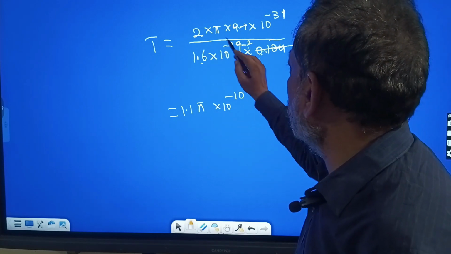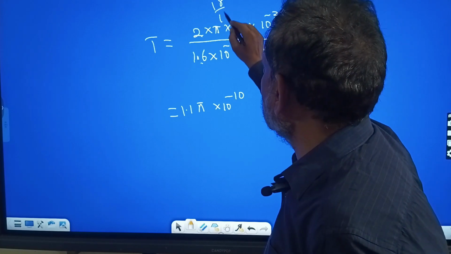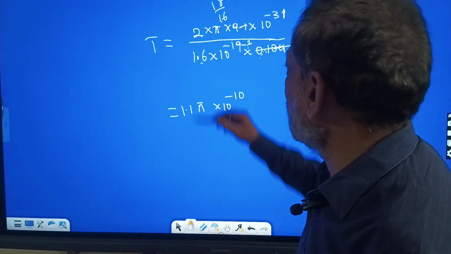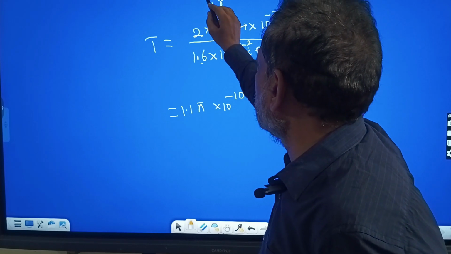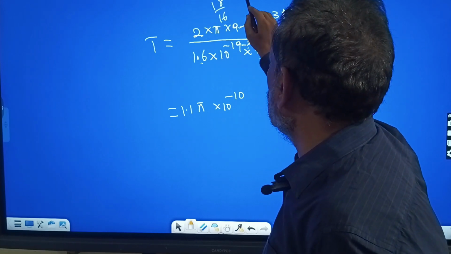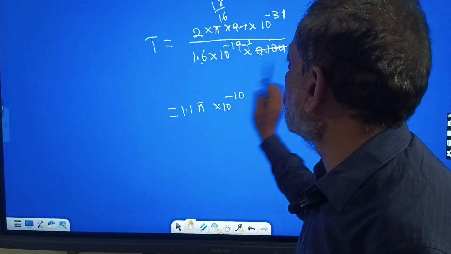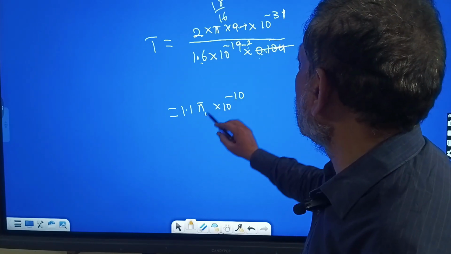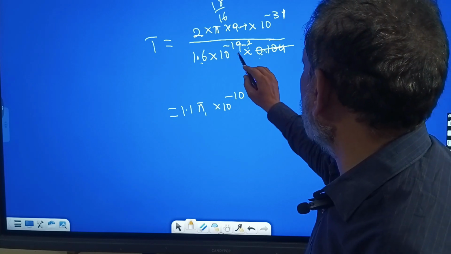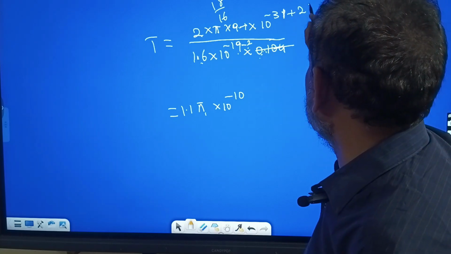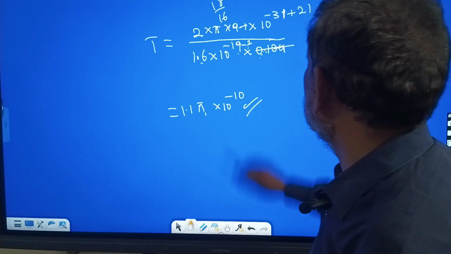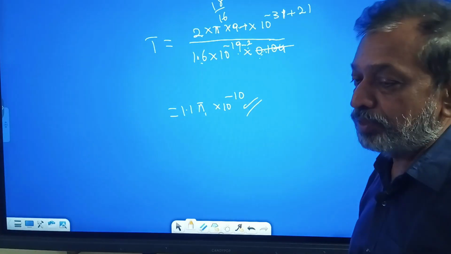Okay? 18 by 16, 9 by 8. And 16 ones are 16, remaining is 2. So there is a pi there. Now powers you can take. This is minus, that is plus 21, 10. Right. Now we'll stop.